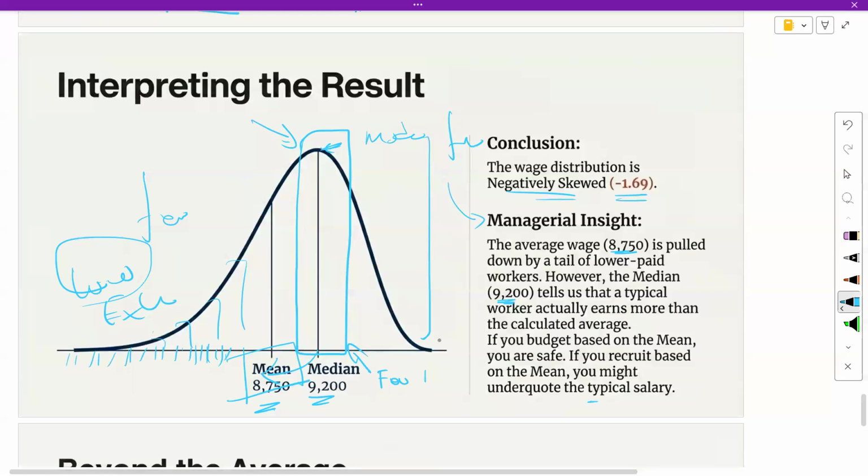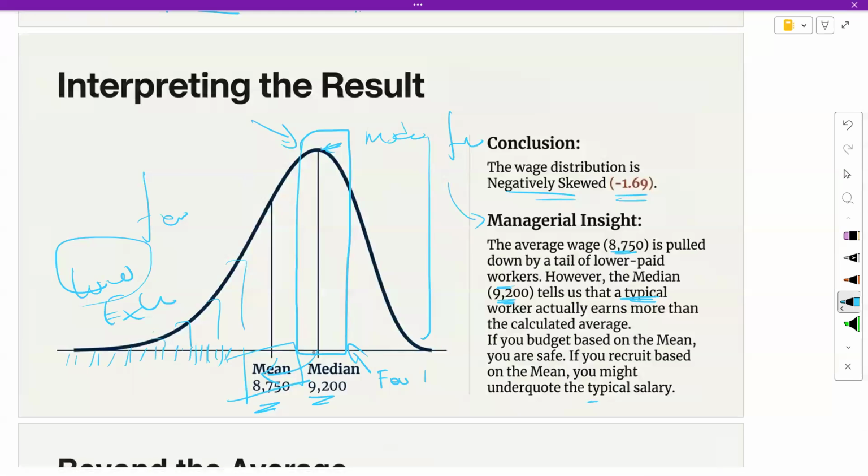The average wage of 8,750 is pulled down by a tail of lower paid workers. There are few low paid employees, and they bring it down. However, the median is 9,200, which tells us that typical workers, many workers, actually earn more than the average.